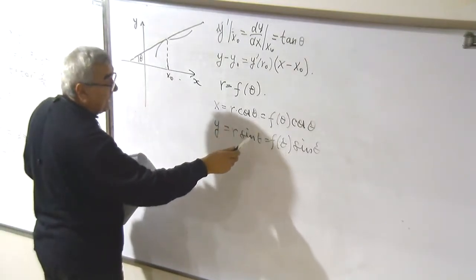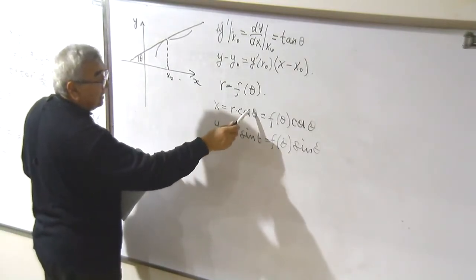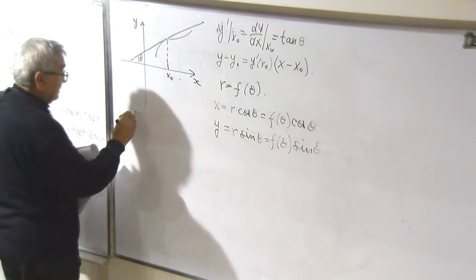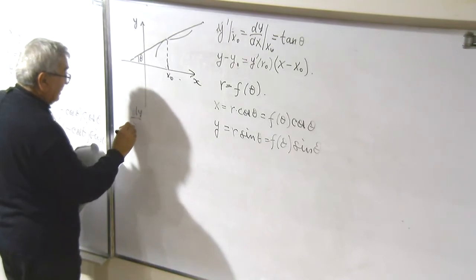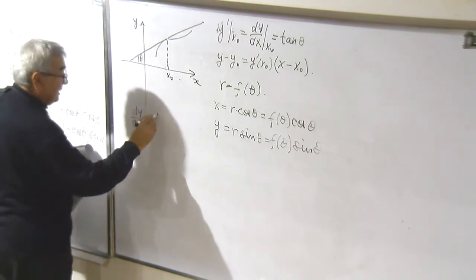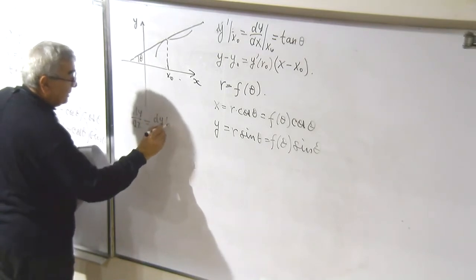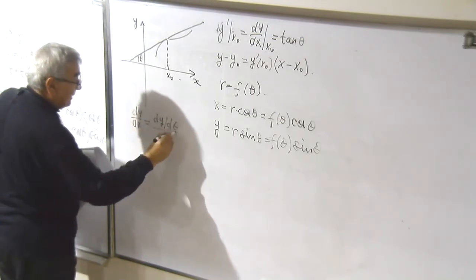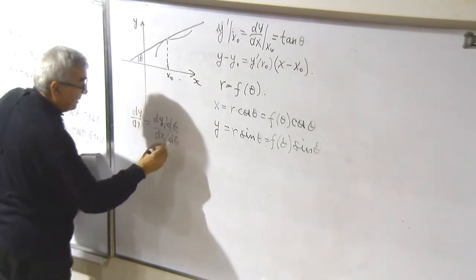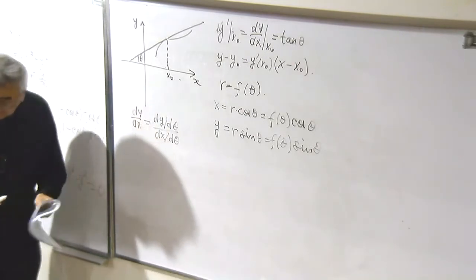But here the parameter is theta. Therefore, dy by dx is possible to define as dy by d theta divided by dx by d theta. Let us calculate.